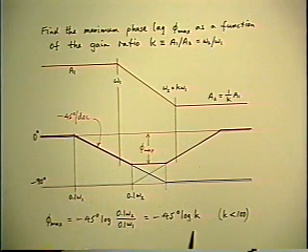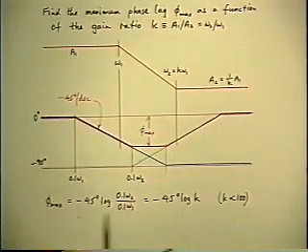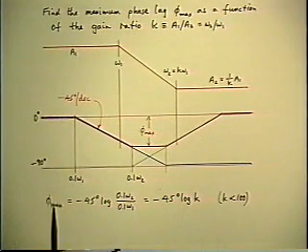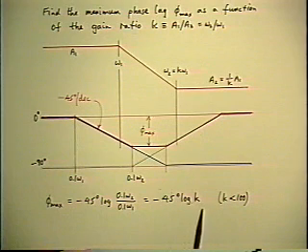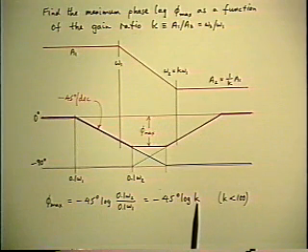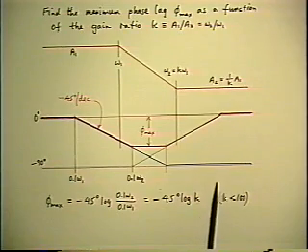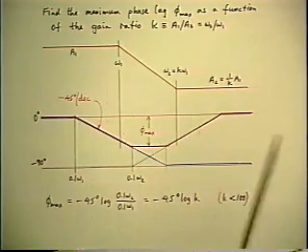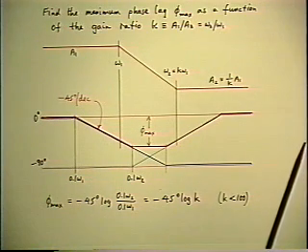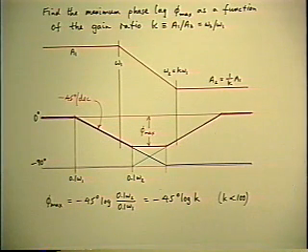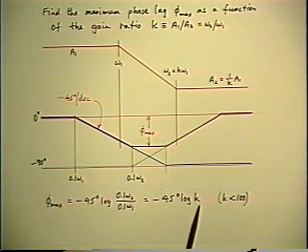So you get this very simple result that the maximum phase lag of the lag-lead network is this function of k, which is the ratio of gains you want to throw away. As an example, suppose you want to throw away 26 dB. 26 dB is a factor of 10 times a factor of 2, so it's a factor of 20. So k is 20.